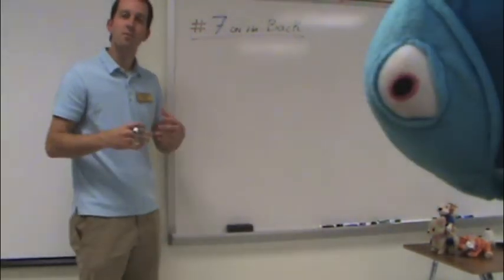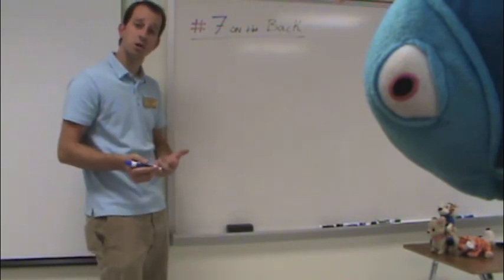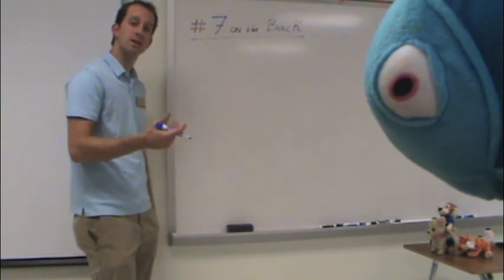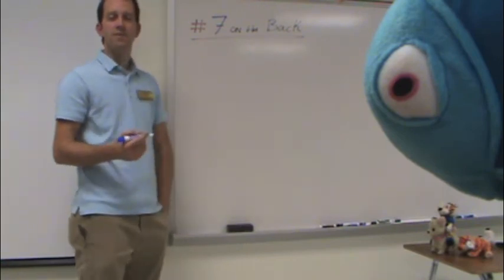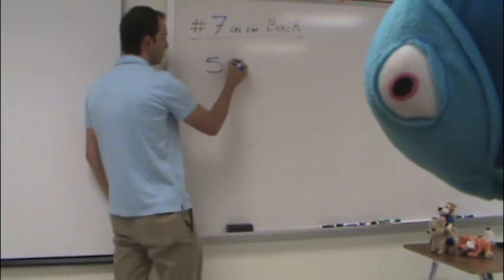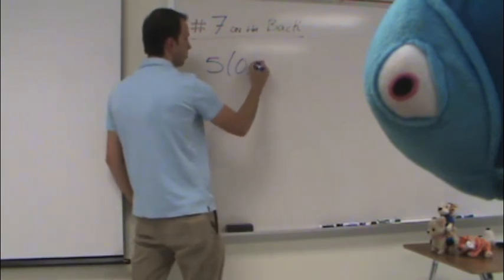All right, for problem number 7 on the back, we've got Tyrone. And Tyrone's going to buy some postcards. We want to write an expression for the postcards. The problem says that Tyrone buys 5 postcards at 55 cents each. That means for us that we're going to multiply that 5 by the price of 1 postcard.